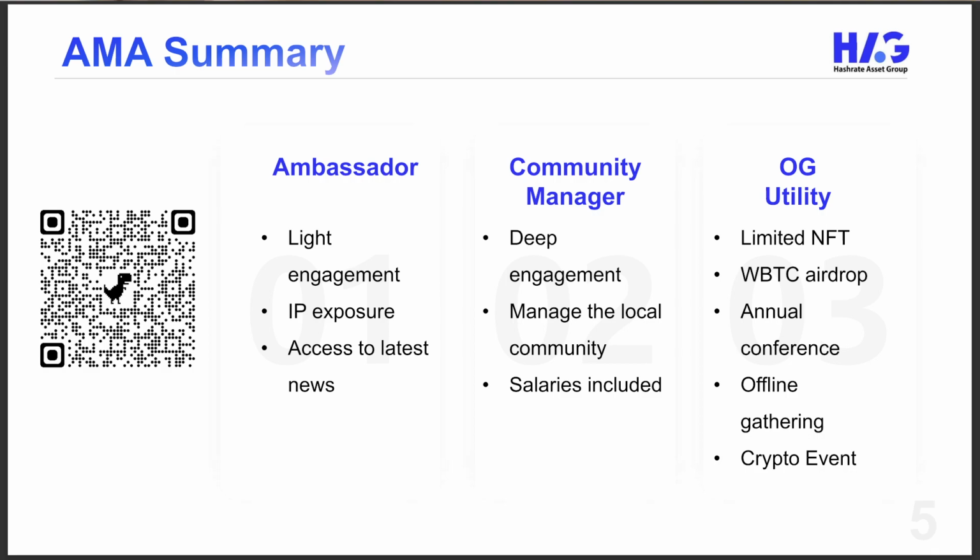An ambassador is a lighter engagement, and the benefits could be IP exposure and access to the latest news. A community manager is a deeper engagement, so you need to spend more time and effort within the community, manage the local community, and have a more localized strategy or even events that could help HAG grow in local markets.